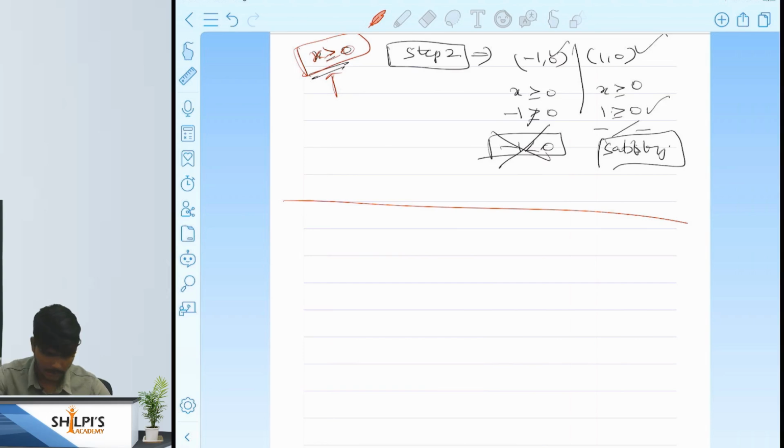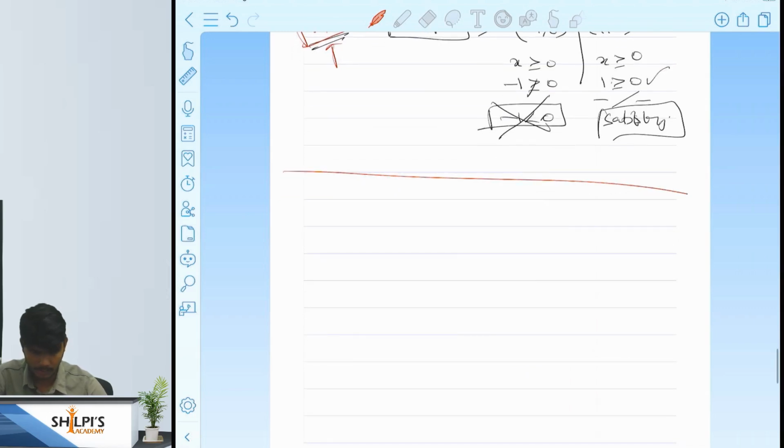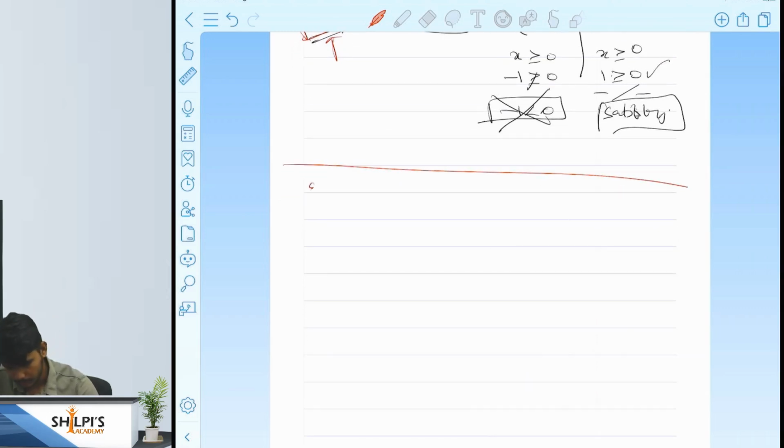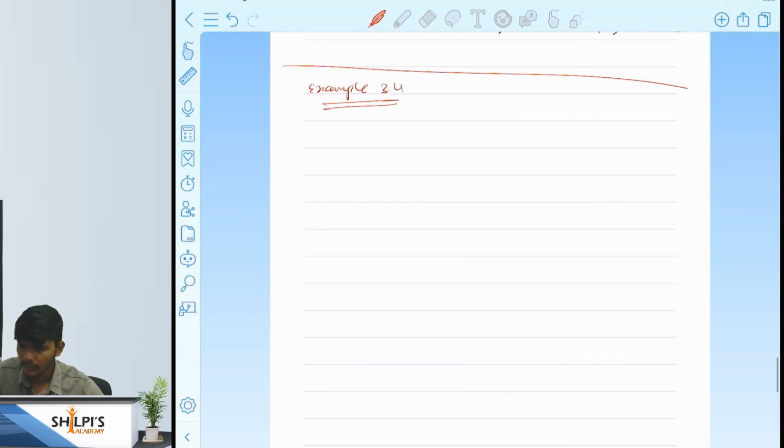Take example 1 in your textbook, that is on page number 3.4. Example 1, page number 3.4. Do you have the page number? 3.4. In that, we now consider the problem of drawing graphs of the following inequalities.